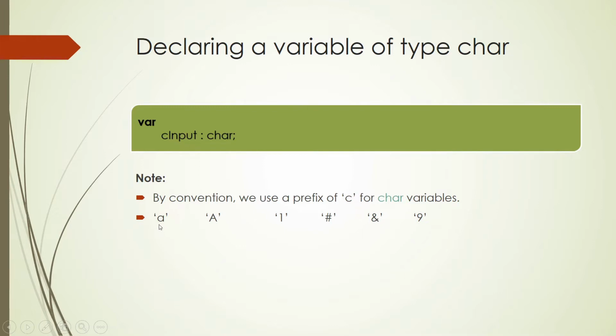A character could be a single character, a single digit, or a single punctuation mark. It could be a special character. These characters are written in single quotes.